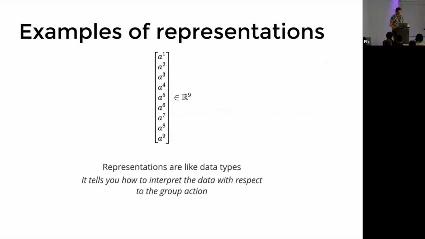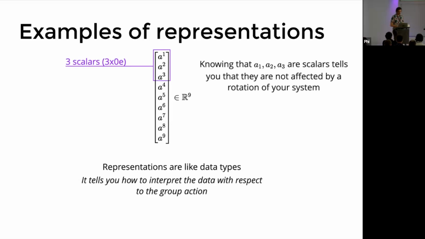The representation acts like a data type, to tell how the numbers are affected by the rotation. Let's say the 3 first are scalars. What it means is that these 3 numbers, whatever rotation you apply to your molecular input of your model, will never change just because of this rotation. They can change because of other things, but not rotation.